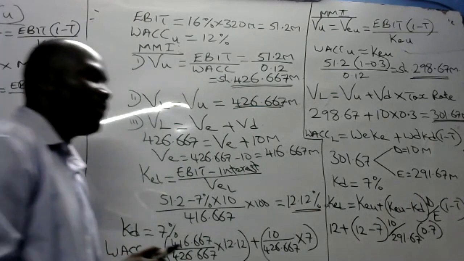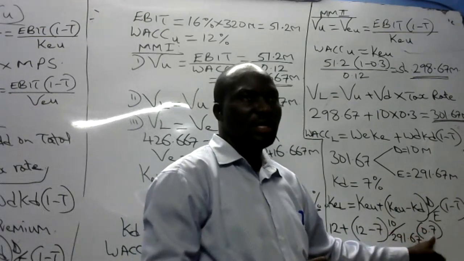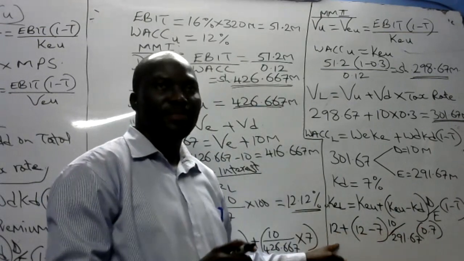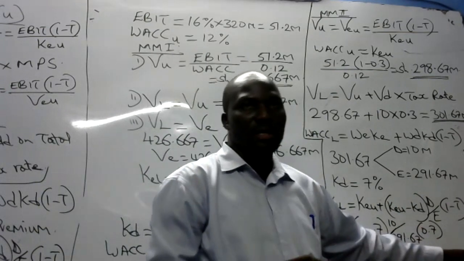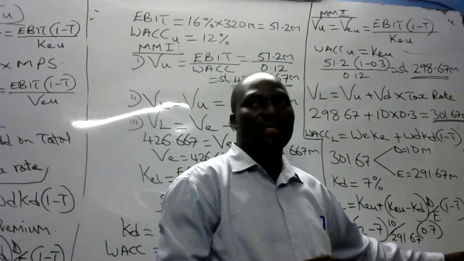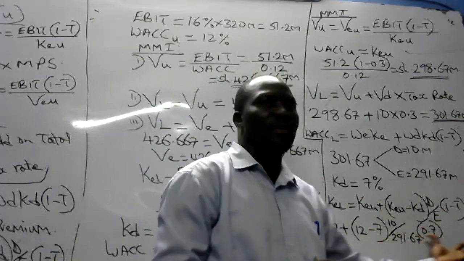The mistake that people make in adjusting for tax is that some of them do the whole calculation as one, so they get the wrong answer. Because the part in front is not all of the risk premium.